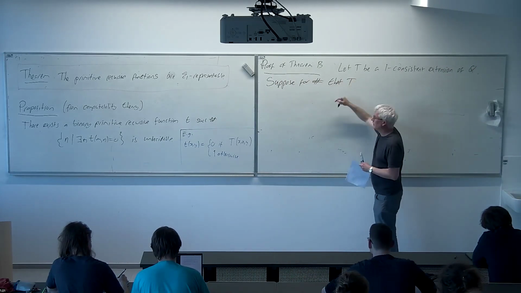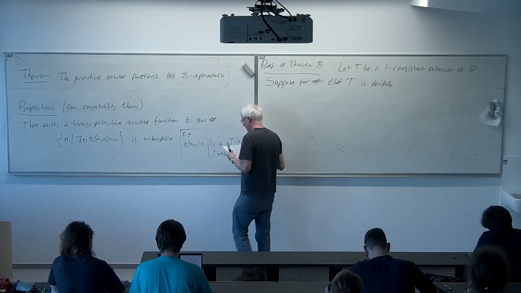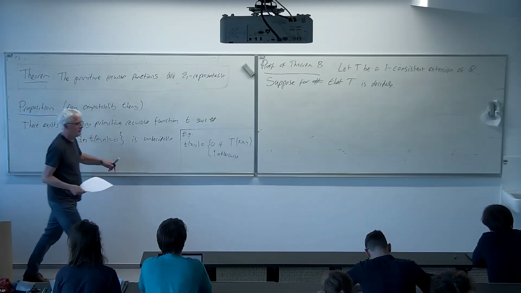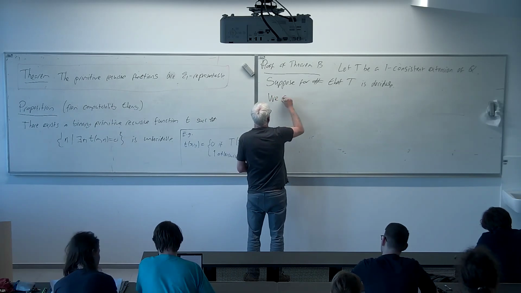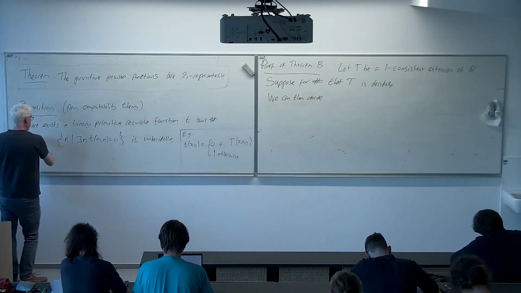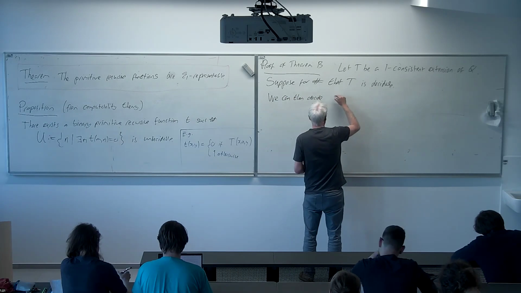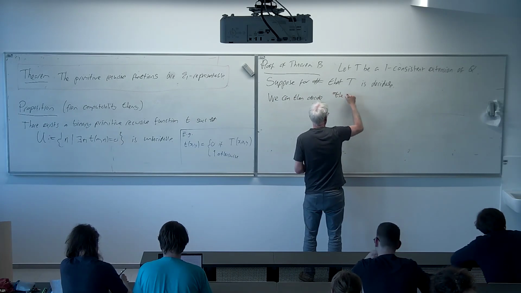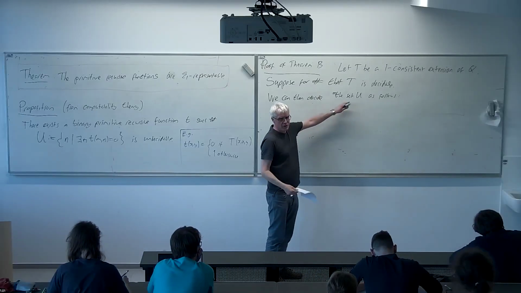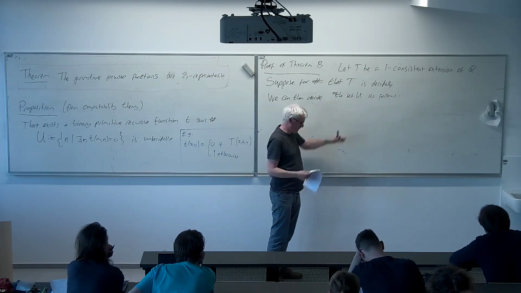We're going to prove that we can then decide this undecidable set, let's call it U. Deciding a set means we produce an algorithm which, given a number as input, will return yes if n is in U and no if n is not in U.